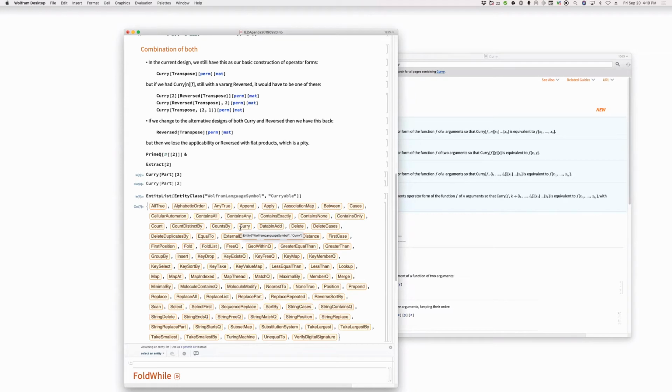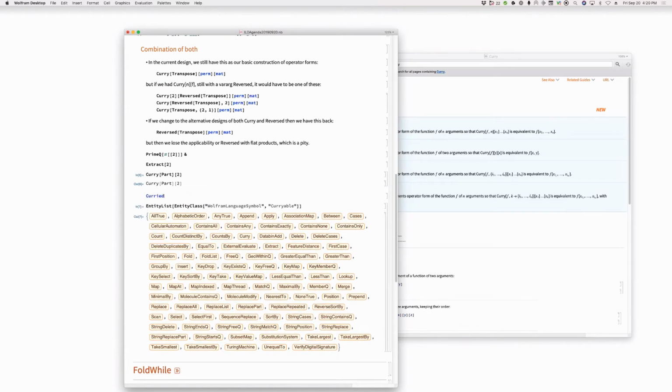Yeah, there's a slice function in the function repository, I know. Oh, this is a good point from Ride on our live stream, that it would be more sensible to call curry curried than curry.